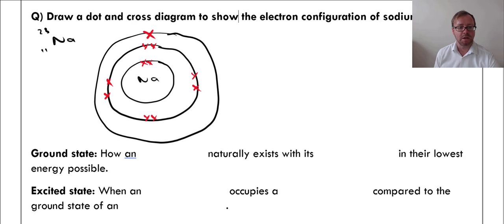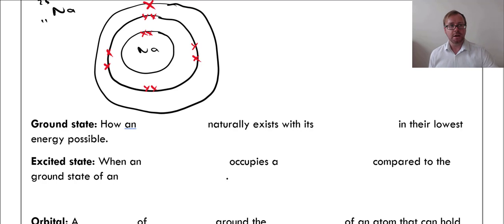and sodium is in group 1, therefore it'll have 1 outer electron. Okay, so moving on. Some definitions: ground state and excited state, or some explanations. So ground state is how an atom naturally exists with its electrons in their lowest energy possible.